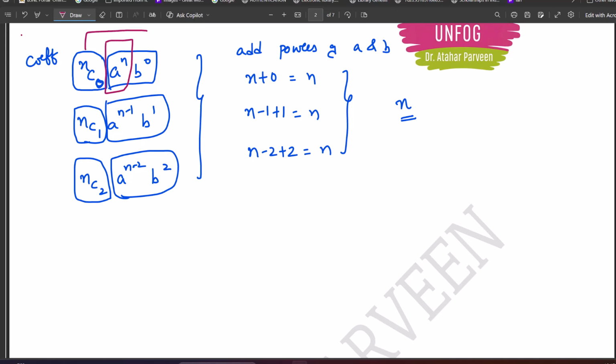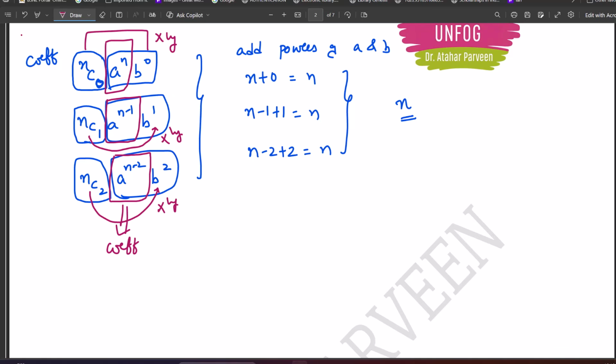This and this you will multiply, right? So if you want the coefficient of A to the power N minus 1, you will find NC1 and B to the 1 and you will multiply. If you want the coefficient of A to the power N minus 2, you will find NC2, you will find B to the 2 and you will multiply. Whatever number you will get will be the coefficient of this term. Clear, right? You get my point now?